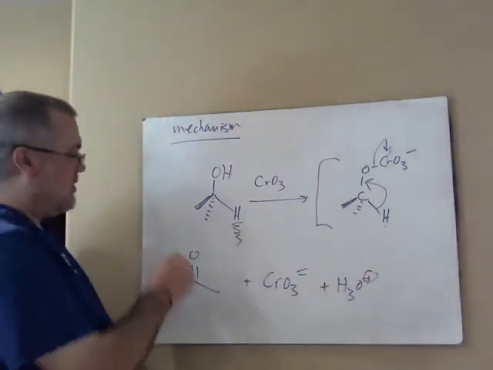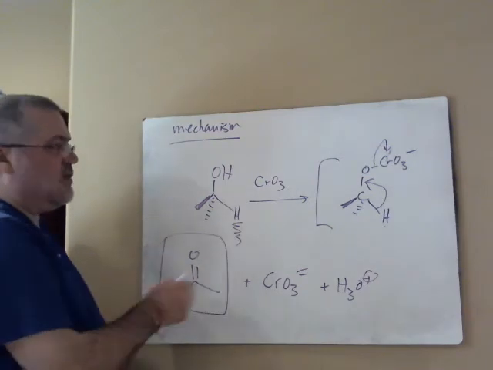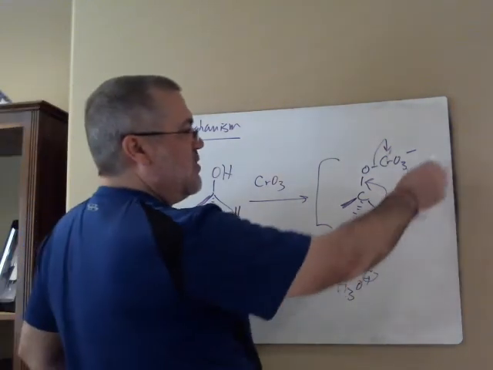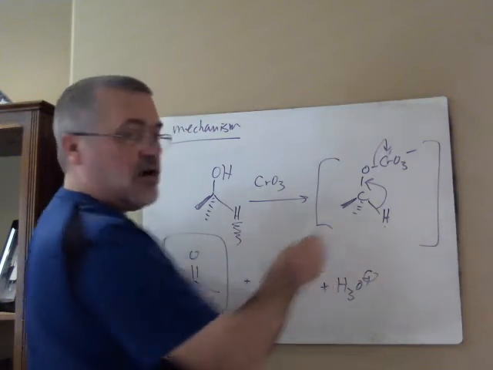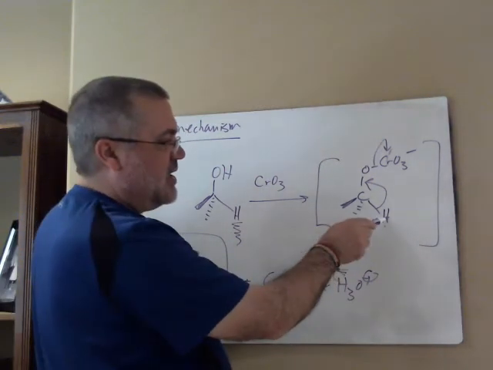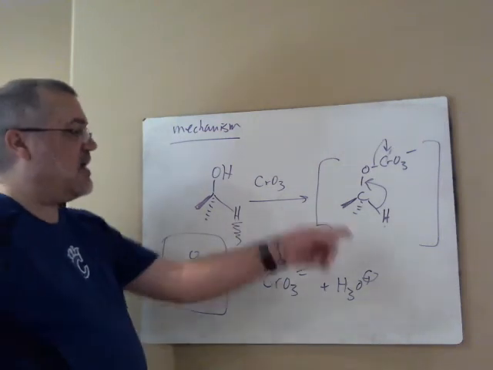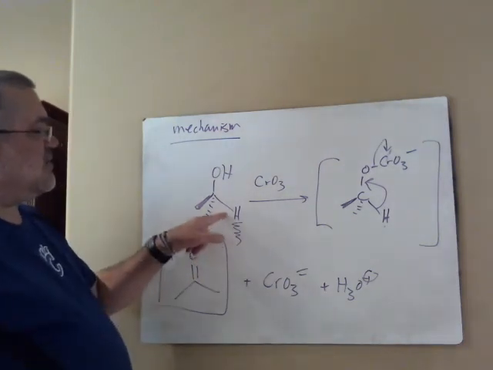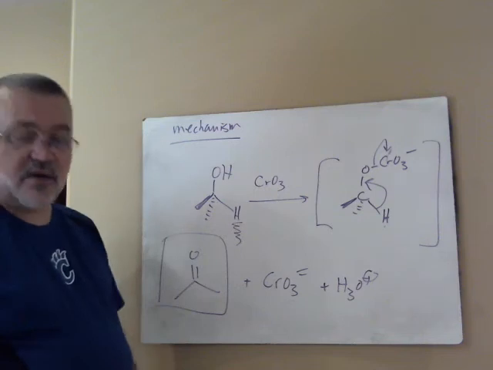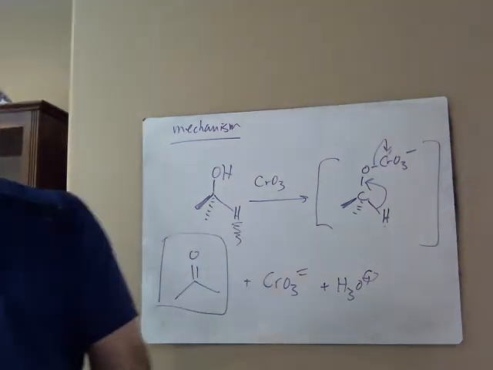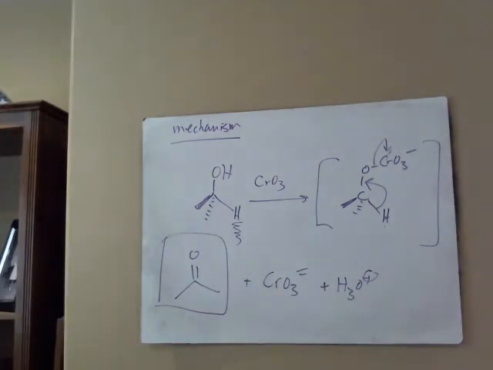Now, so you form this. So the important thing is for the elimination to occur, there has to be at least one H on that carbon. And the only way that's going to happen is if this is either primary or secondary. Okay? So hopefully that explains that.